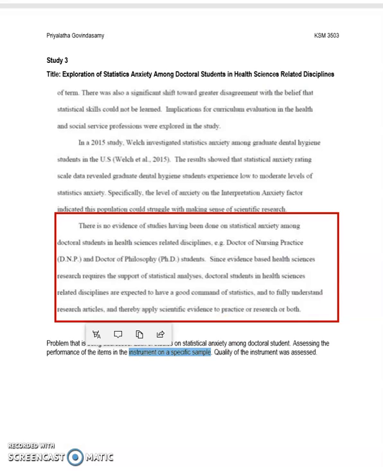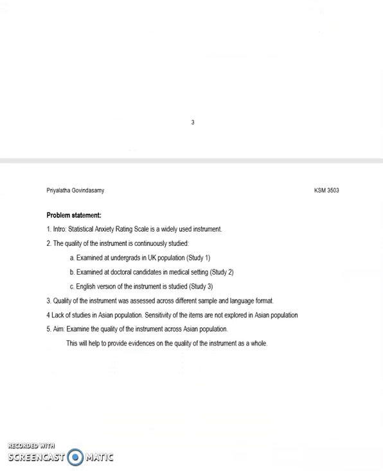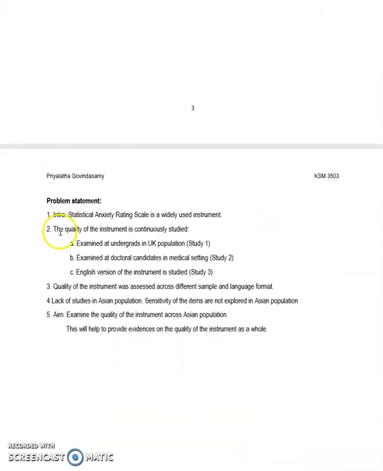So my problem statement, as usual, is to examine the quality of the instrument. Okay, the quality of the instrument.